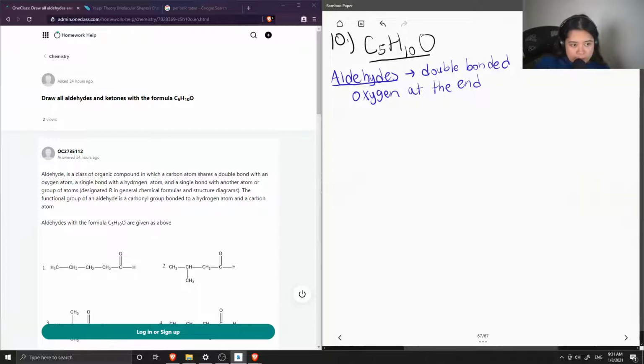So first, let's draw out our 5 carbons. So 1, 2, 3, 4, 5.